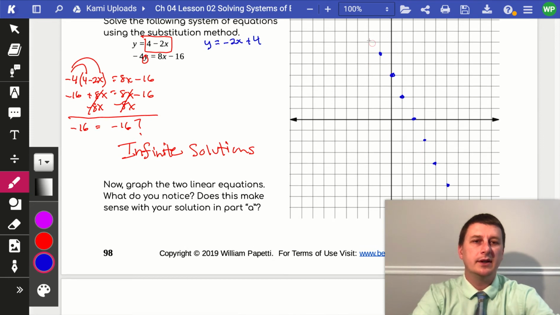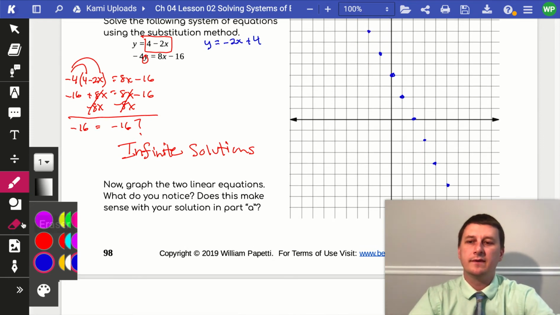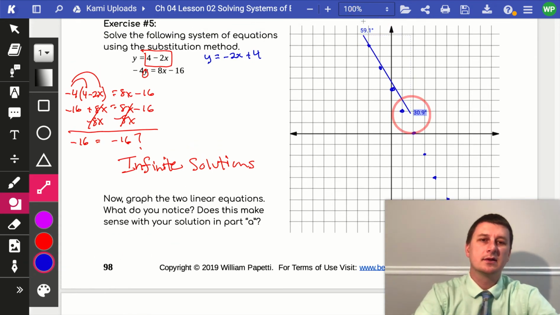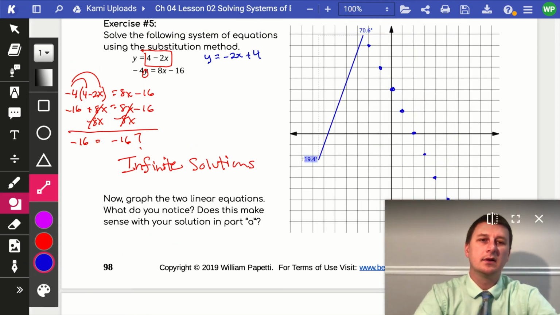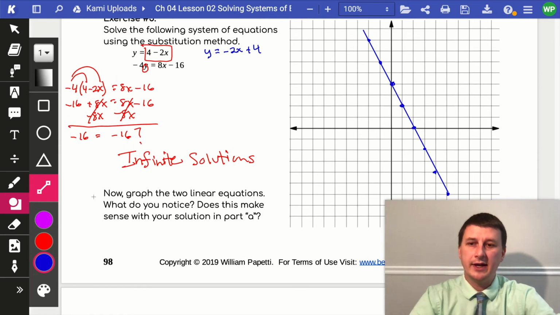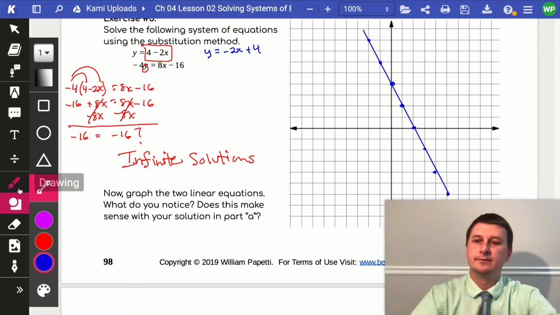And we'll go in the opposite direction for as many as we can fit. Okay. We're going to connect these points with a line, and we're going to put arrows on that line as well.